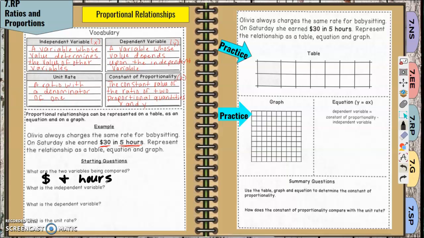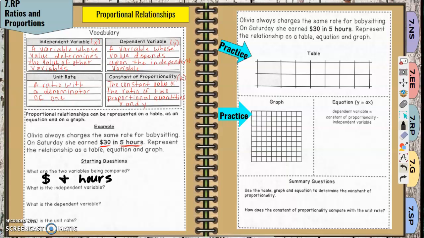The independent variable is the variable that doesn't change based off of what you plug in for something else. Olivia can choose to work as many hours as she wants to, but how much she gets paid depends on how many hours she works.